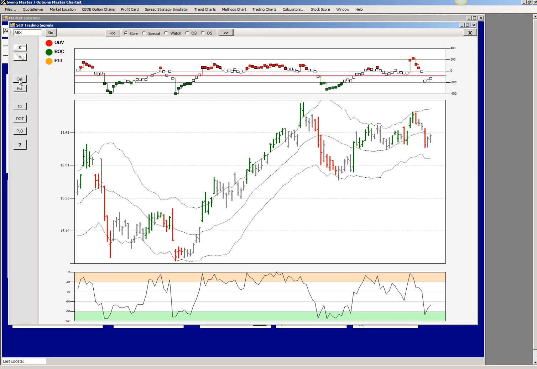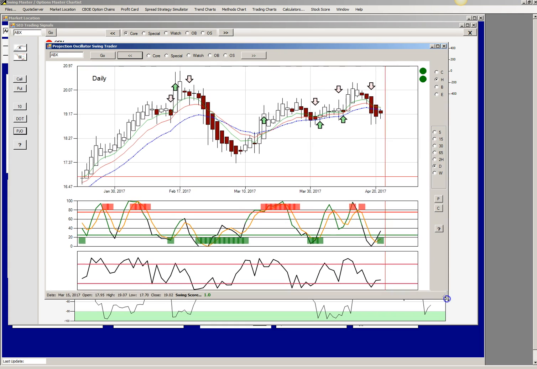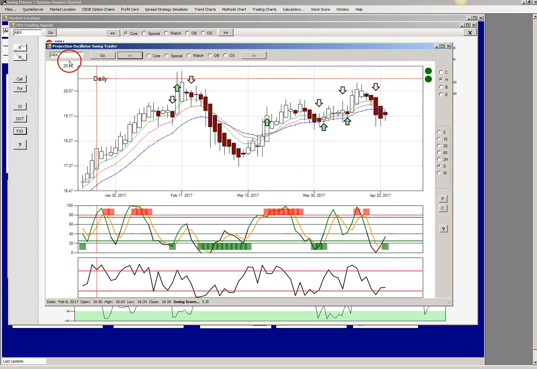If you're familiar with Chuck Hughes methods, then the call and the put buttons would relate specifically to that. I'll cover those in a later video, but I just want you to know they're here. So let's shoot over to the projection oscillator chart. We have ABX loaded here, and this will open a projection oscillator chart with ABX.